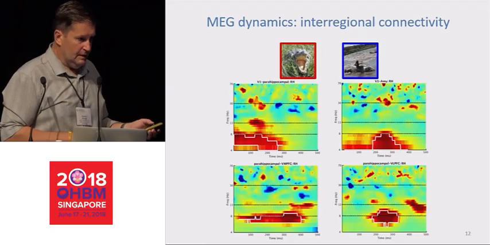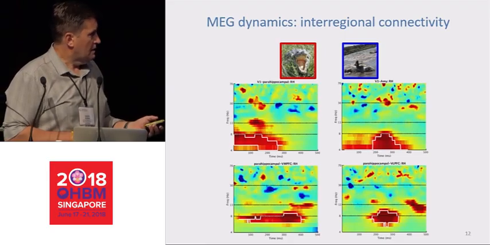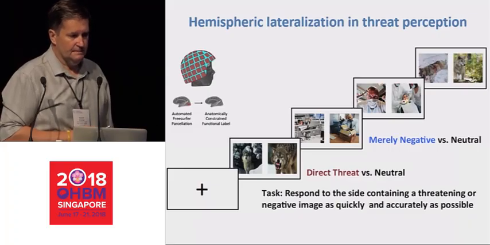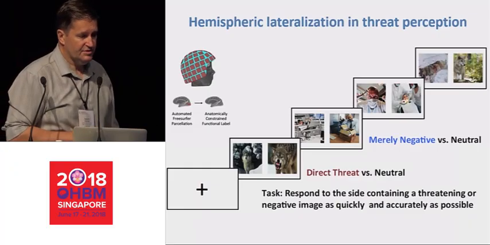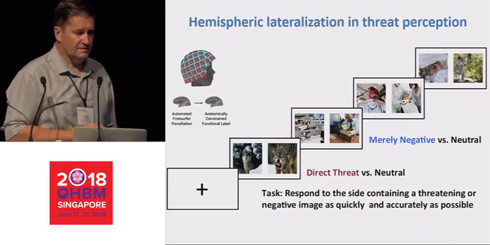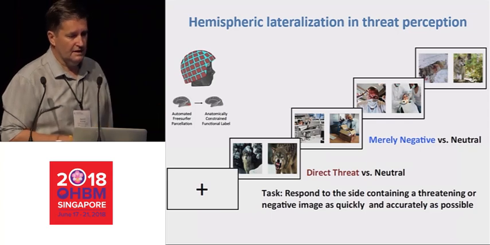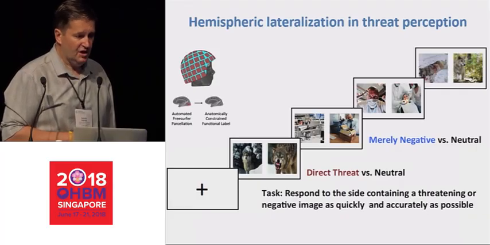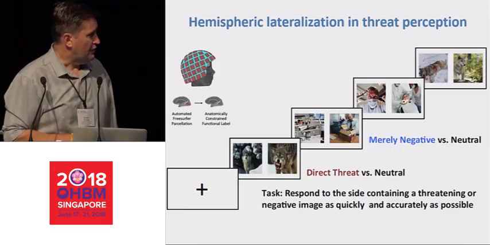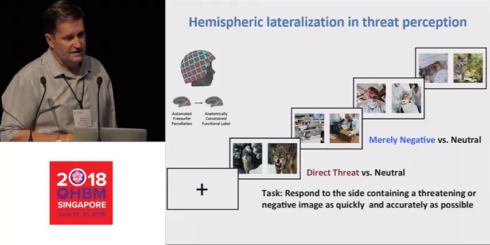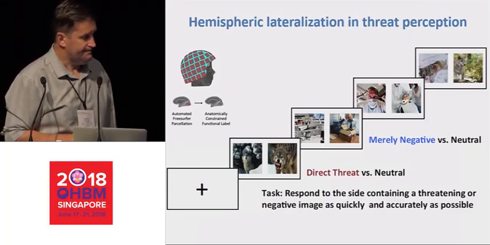Okay, so another study that we did was looking at lateralization and threat perception. What we did was we took the scenes and put them in pairs, presented in the left and right visual field, where the pairs were either direct threat versus a neutral scene from the matched context, and we matched them as well as we could, or the merely negative threat aftermath scene versus a neutral scene from the same context.